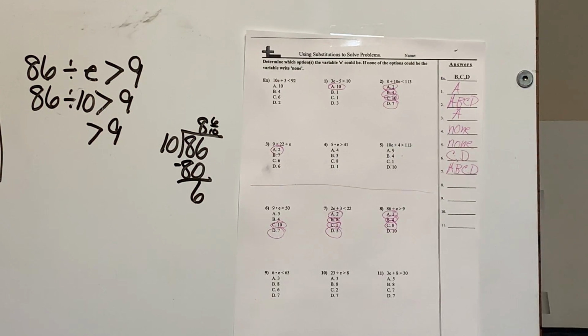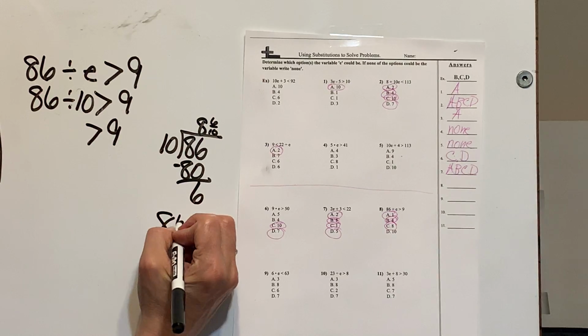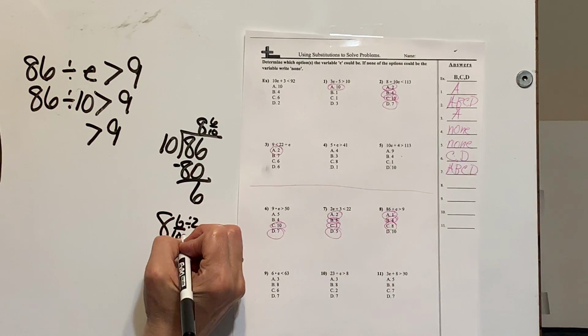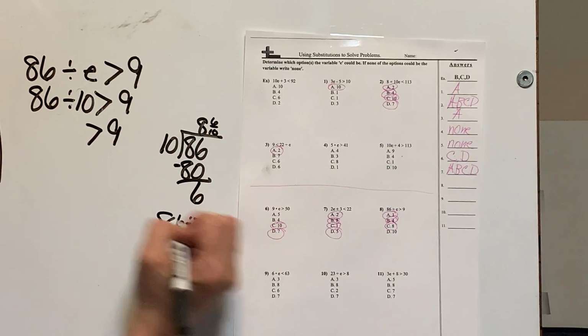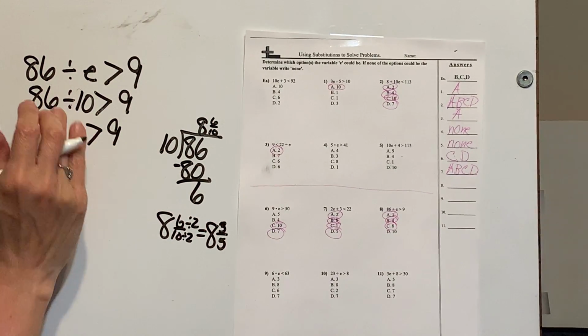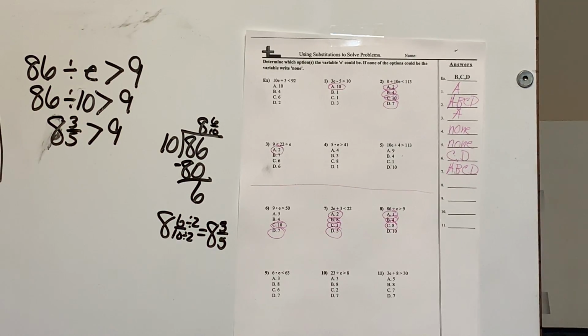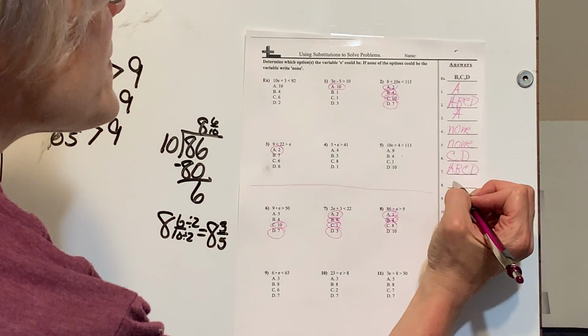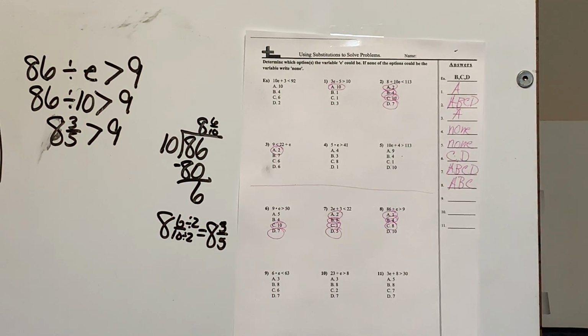Well, I know that can be reduced. So when I reduce that, I know they're both even numbers. So if I reduce it by the 2, that would be 8 and 3/5. 8 and 3/5 is not greater than 9. So that's the only one that doesn't work, is the 10. So we have A, B, and C. A, B, C are the correct answers for that one. All right.